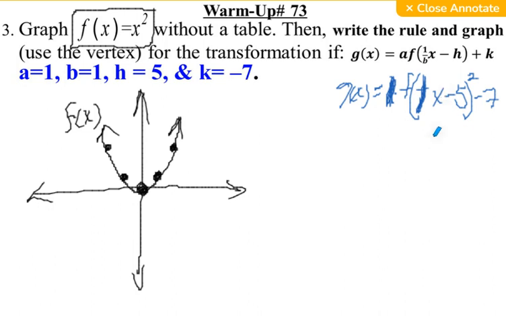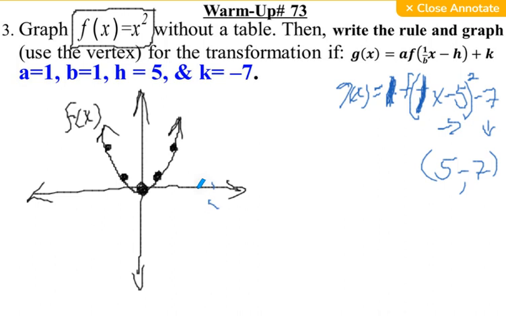Okay, Valente, pick someone. 5 to the right, 7 down, and my new vertex, with that said, is 5 to the right, 7 down. It's 5, negative 7.